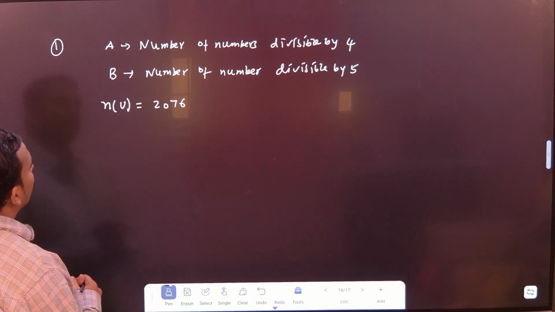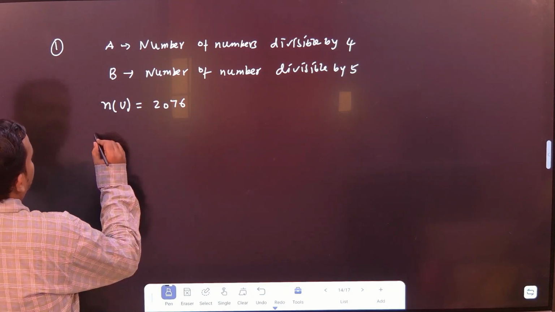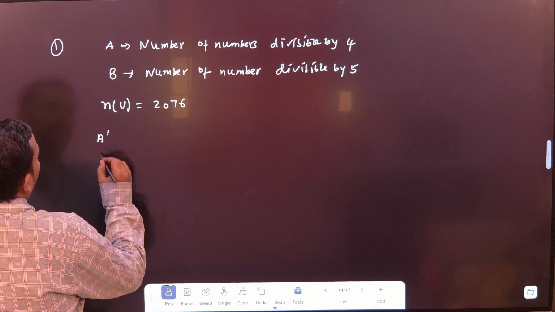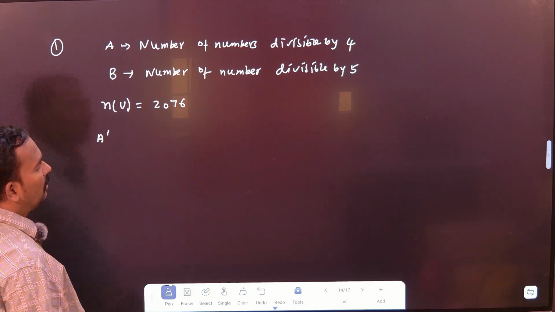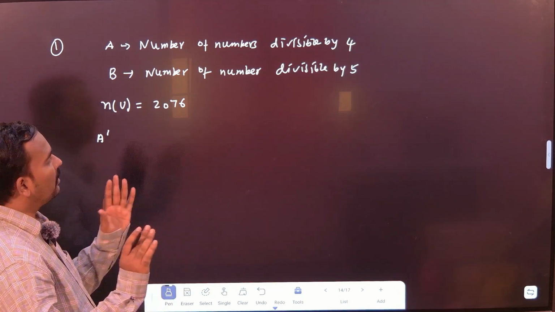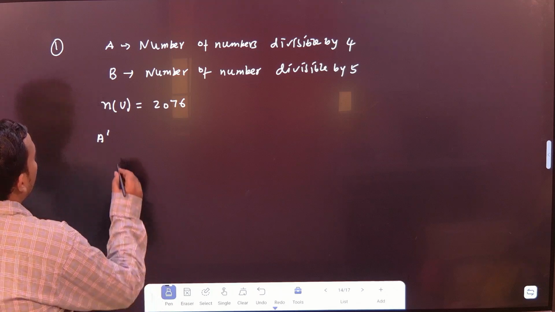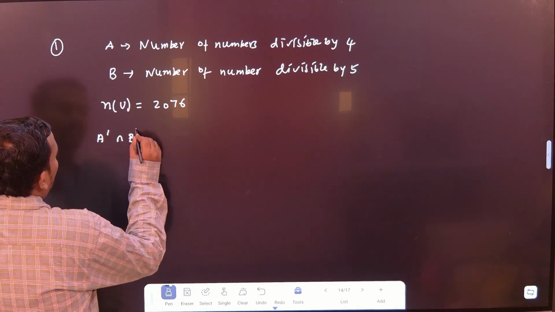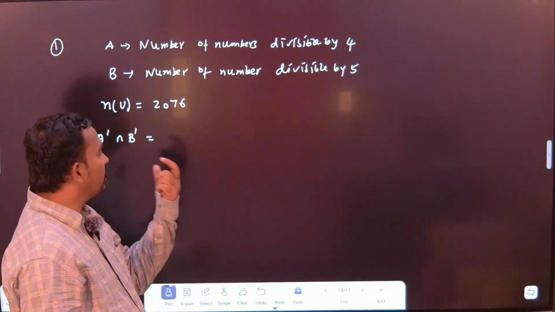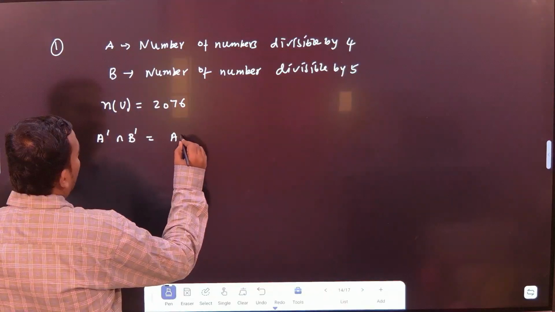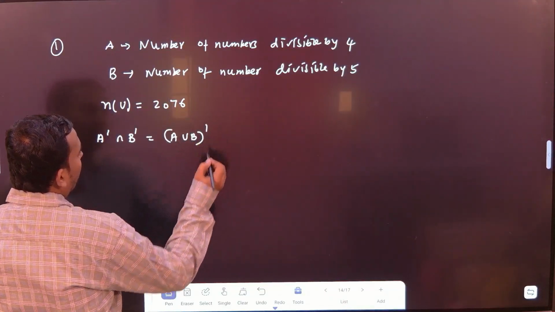Okay. So what they are asking actually, A complement, neither divisible by 4 nor divisible by 5. That means A complement intersection B complement they are asking. You can use the De Morgan law. The intersection changes to, how to write? A union B whole complement you can write.